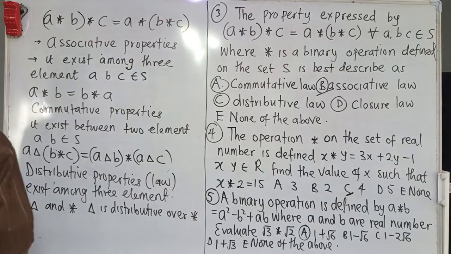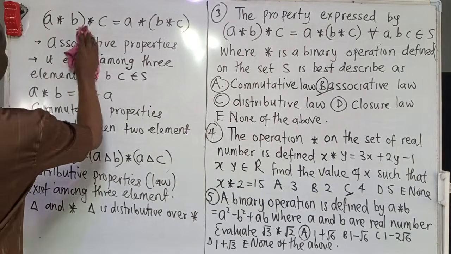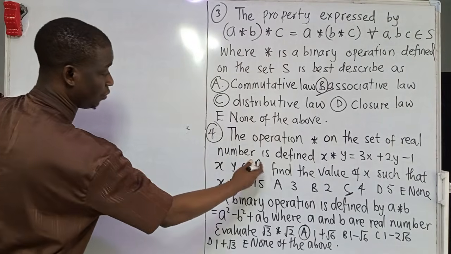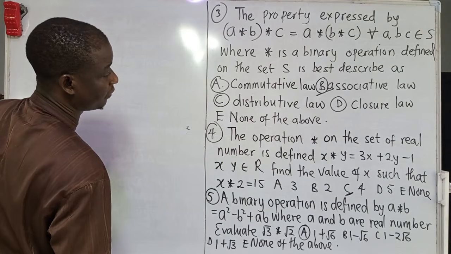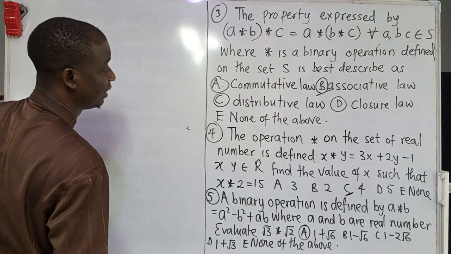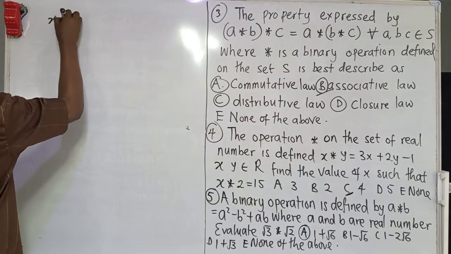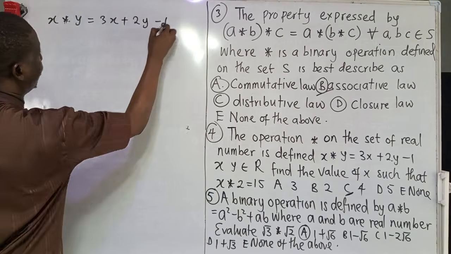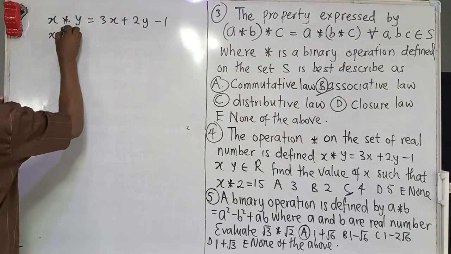Let me show you what I'm saying, because some of us might not get it like that. We say the operation based on the set of real numbers is defined as follows. Let me quickly do it so that you can see what I'm saying. We are looking for S operation 2.